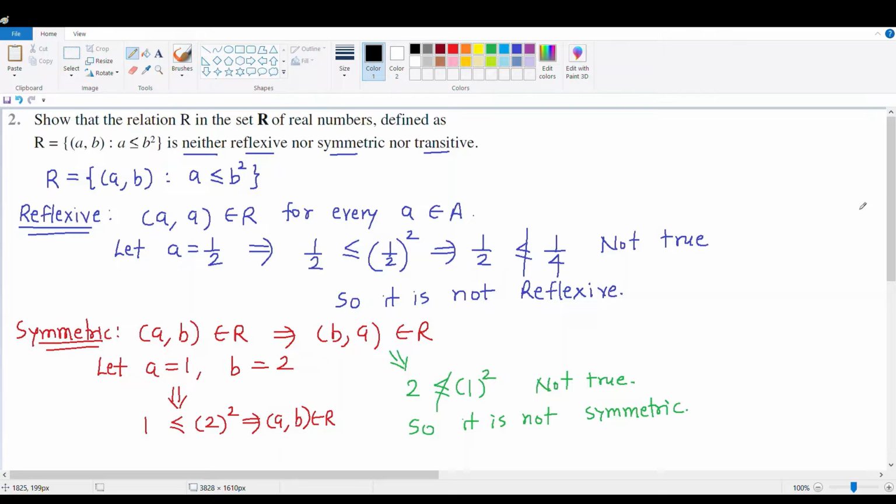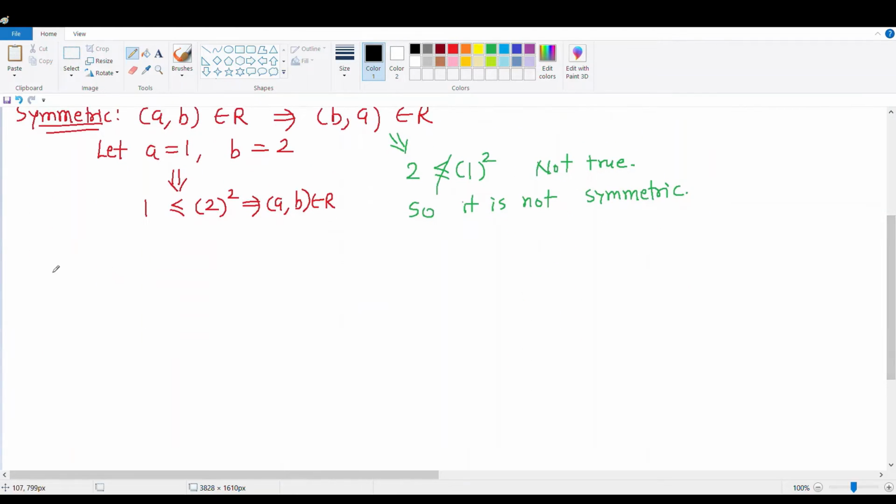So now we are going to check for transitive. And again the same way, we are just going to present the counter example of it since we are already given that it is not going to be transitive either. So the definition of transitive is what?